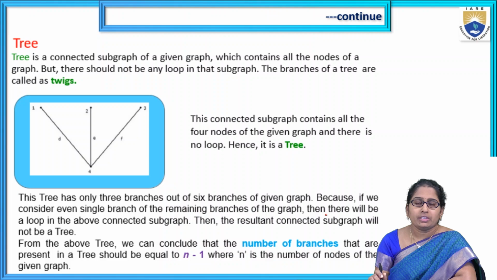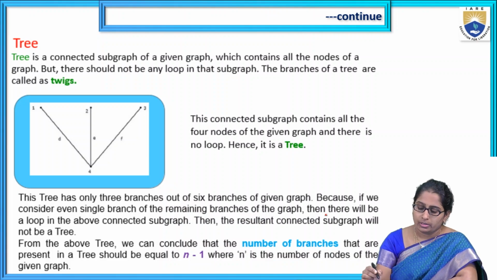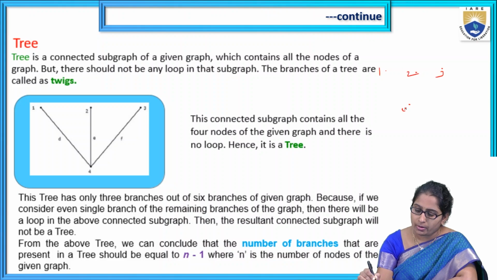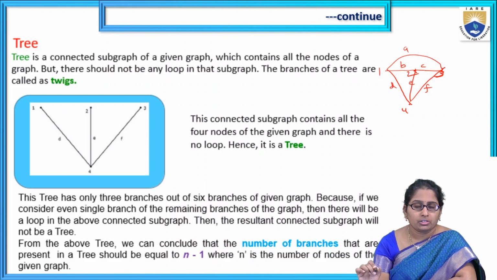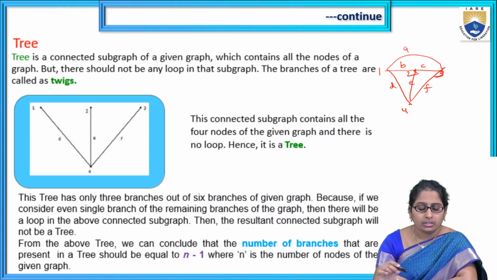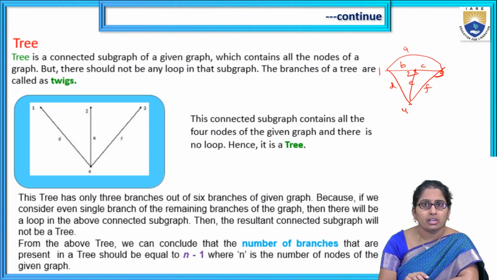Now consider the graph we have seen previously. So branch A, branch B, branch C, branch D, branch E, branch F. This is the original graph. Now for this graph, drawing the tree. Knowing the tree definition, this is one of the trees you can see here on the slide.